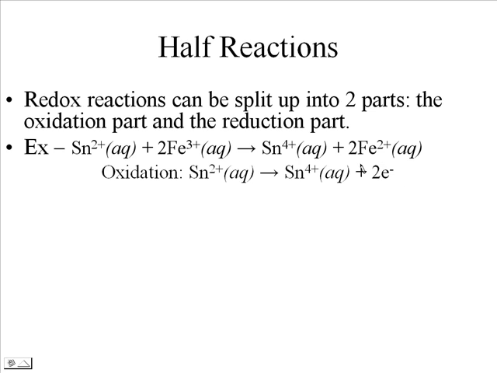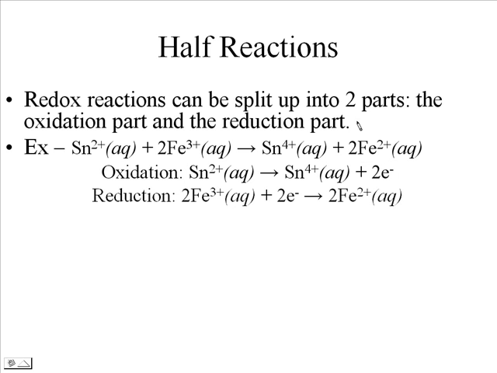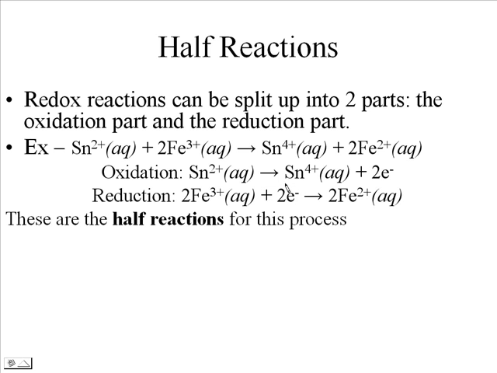When that happens, notice that it loses 2 electrons. When it loses electrons, we write the electrons as the products. The iron, on the other hand, is going from a plus 3 charge to a plus 2 charge. When that happens, we're gaining 2 electrons. So here we can see 2 electrons being gained.